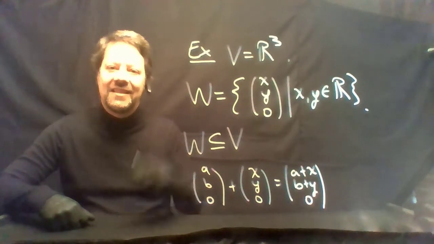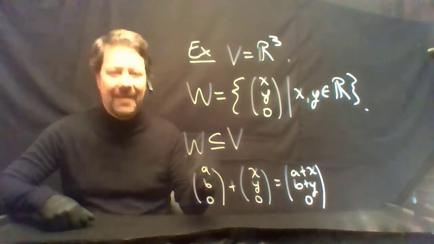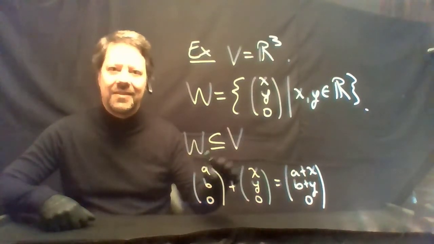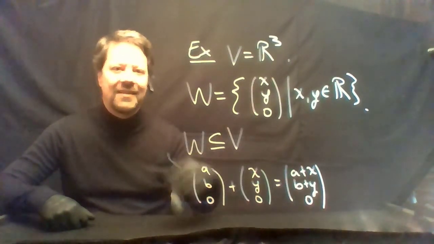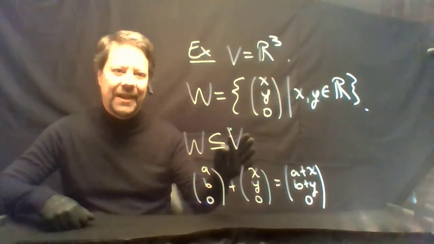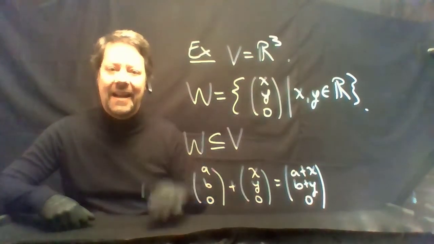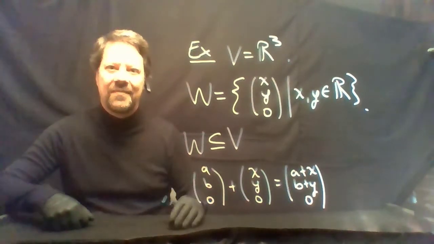And does it possess additive inverses? Those aren't guaranteed by being a subset. Everything else will be. Property of 1, distributive laws, associative law of multiplication. Everything else follows by being a subset and inheriting the same exact operations from the larger set.